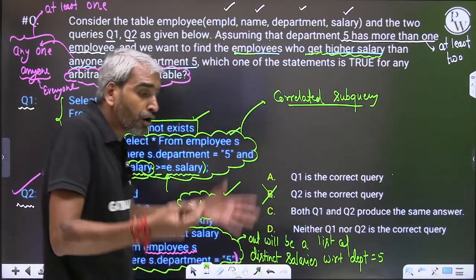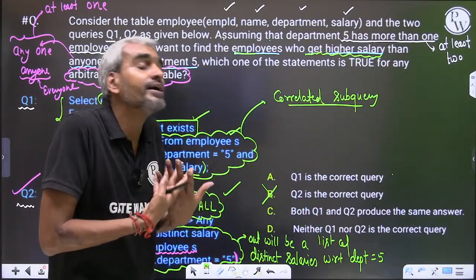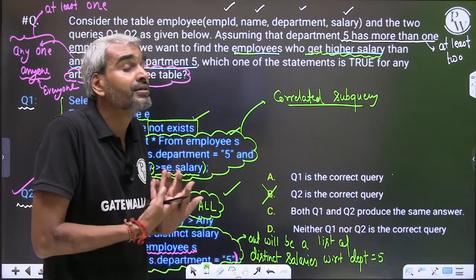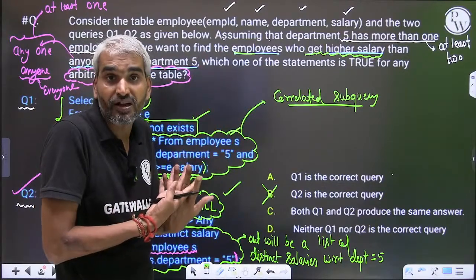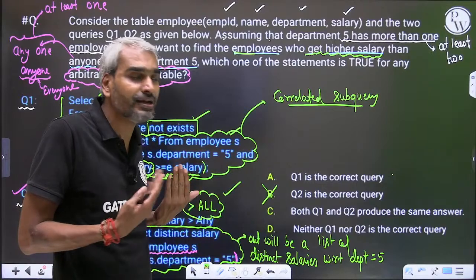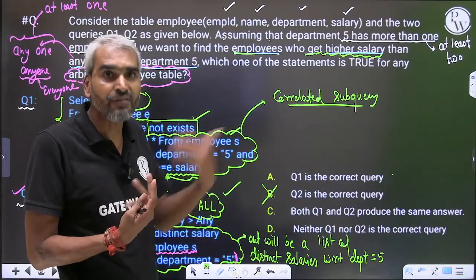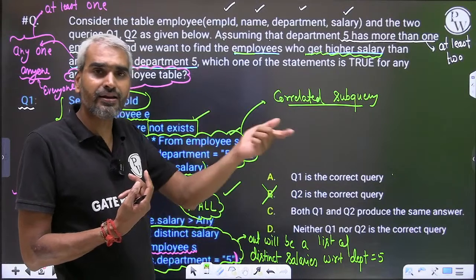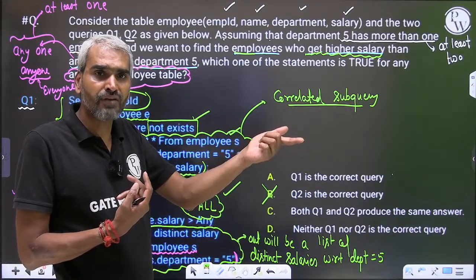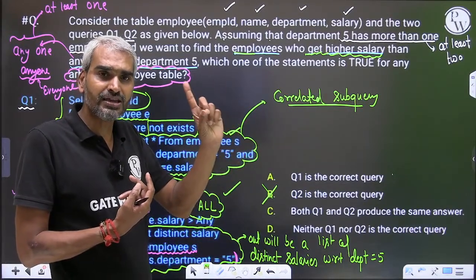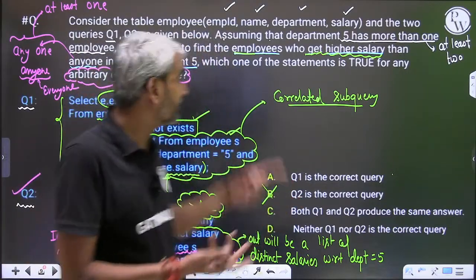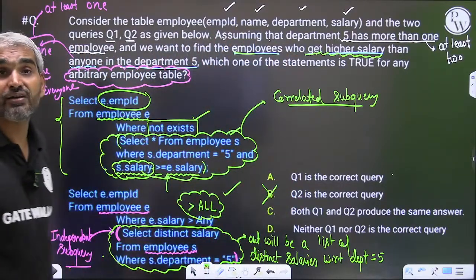The employee of department 5 cannot get higher salary than all the employees of department 5, because his salary will be at least equal to himself. Even if it is the maximum salary, it will be equal to the salary of an employee of department 5. It is not more than all the salaries of department 5. Therefore, no person of department 5 can ever be selected by the statement given in the question.